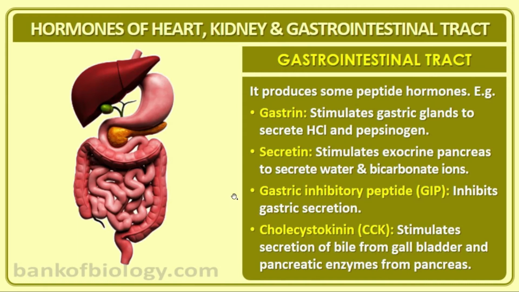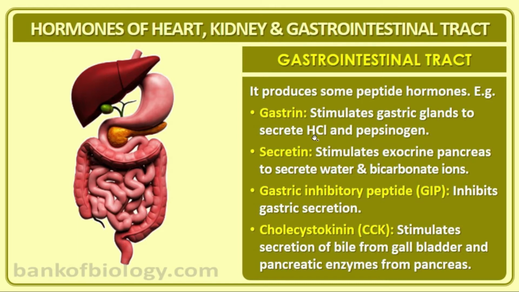Then the gastrointestinal tract. Gastrointestinal tract means digestive tract. It produces some peptide hormones, for example gastrin. It stimulates gastric glands to secrete HCl and pepsinogen. Gastrin is secreted in the stomach region. And what about the function of gastrin?